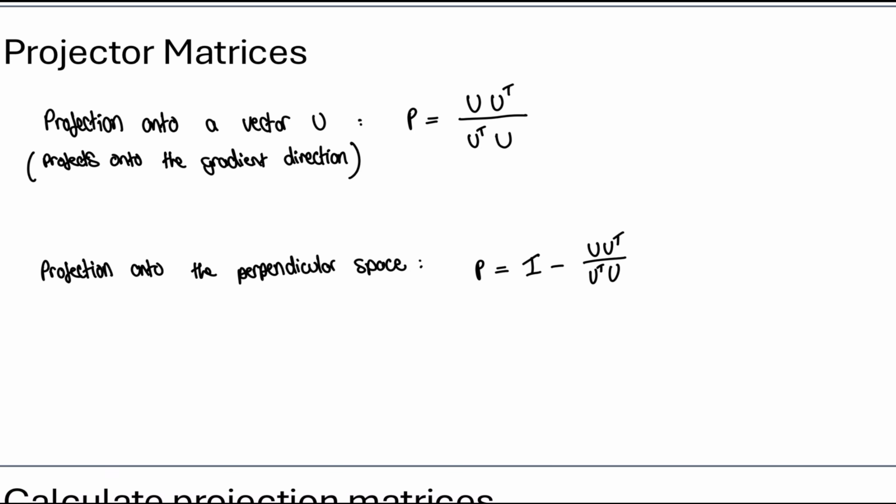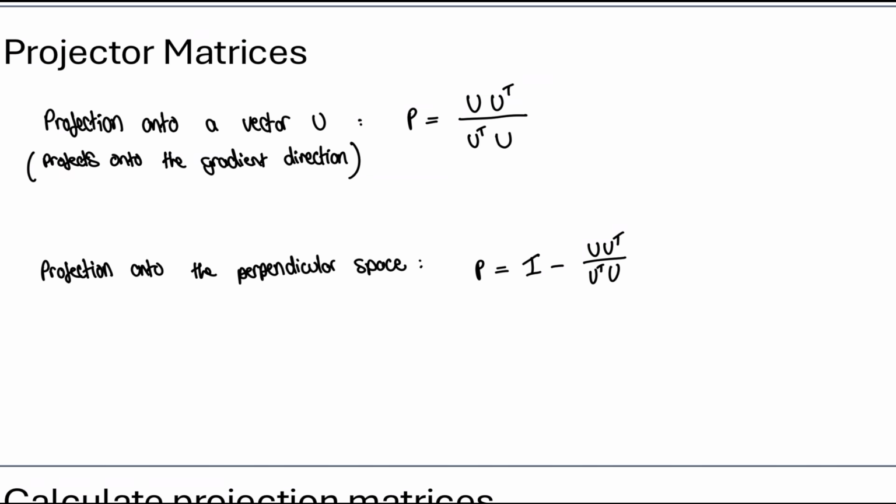I'm using gradient direction because we use projector matrices when we use the projection method when we're trying to work out the nature of a constrained optimization problem. And the vector in question is the gradient, or the gradient of the constraint.